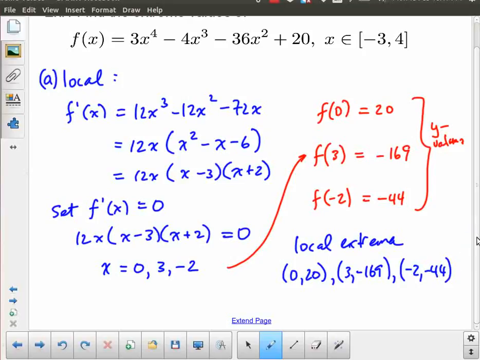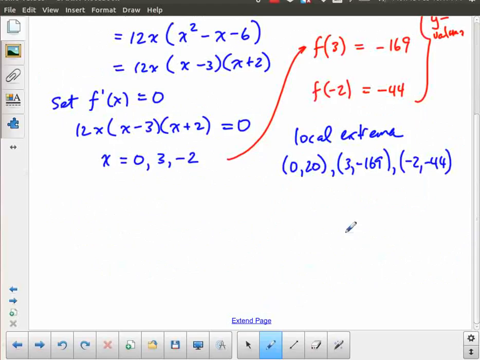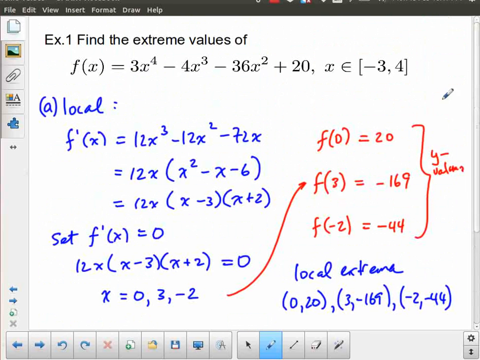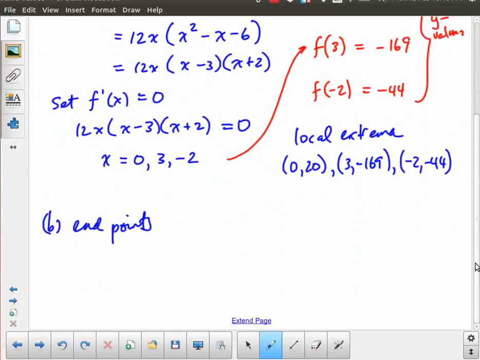Now the other thing I need to do is compare that to my endpoints. So what are my endpoints? My endpoints occur at x equal to negative 3 and 4. So what is f of negative 3 equal to? If we make the substitution, we end up with f of negative 3 is equal to 47.